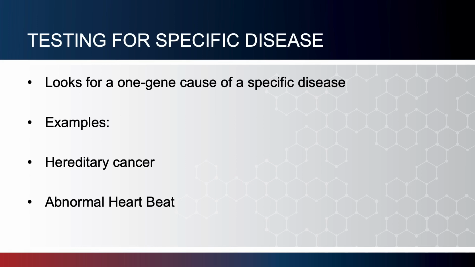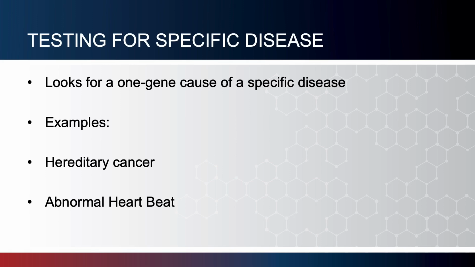Examples of this could be hereditary cancer. So we know some families develop cancer much earlier than you would expect. They develop multiple types of cancer, or they develop cancer through multiple generations. So grandma, aunt, and granddaughter all develop breast cancer, or grandma developed breast and ovarian cancer.